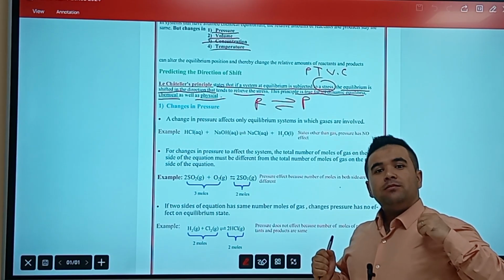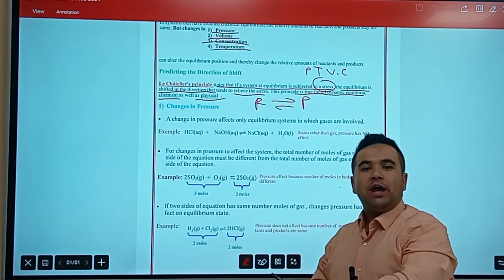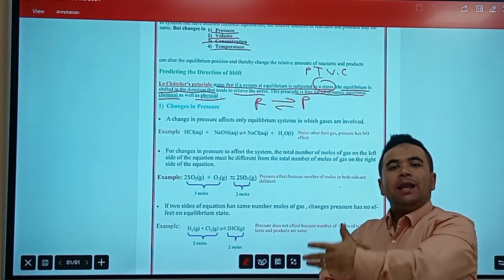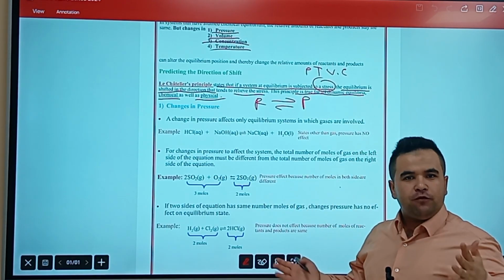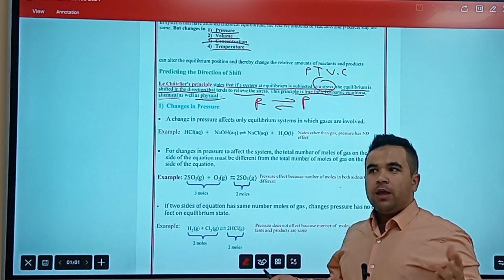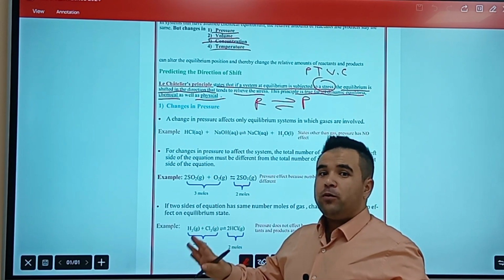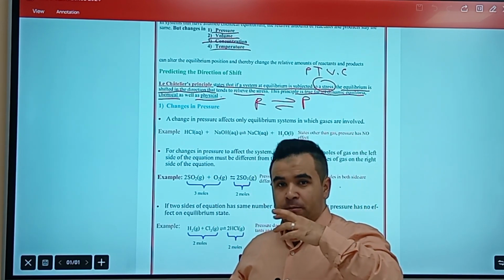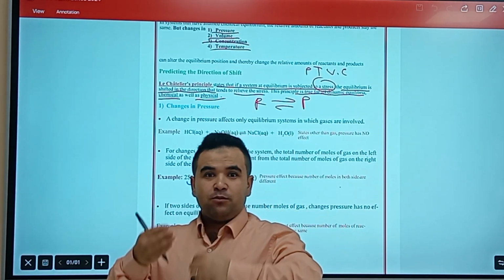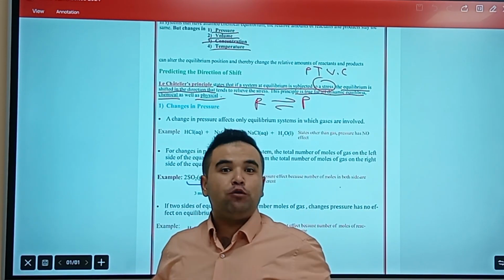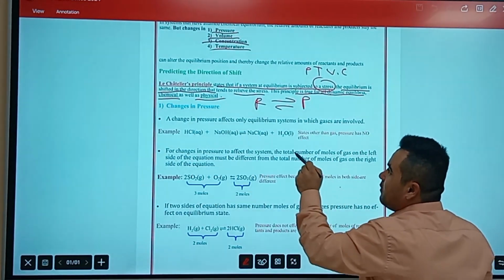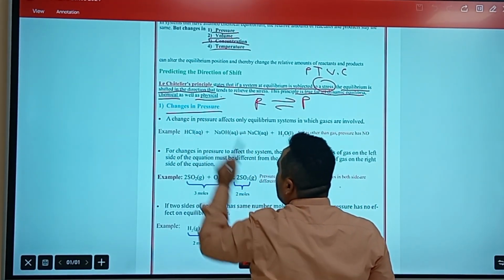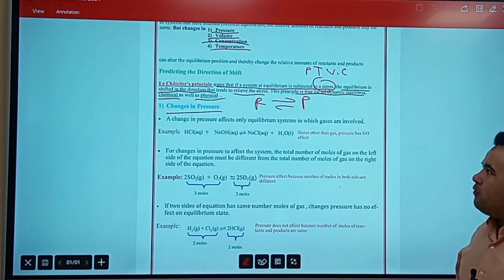Second, the system is subjected to a stress, where we have changed the temperature, concentration, volume, or pressure. And the third position is that the system rearranges itself to get back to a new equilibrium position. Let us talk about the first one, which is pressure, and we will be talking about volume as well with the pressure.